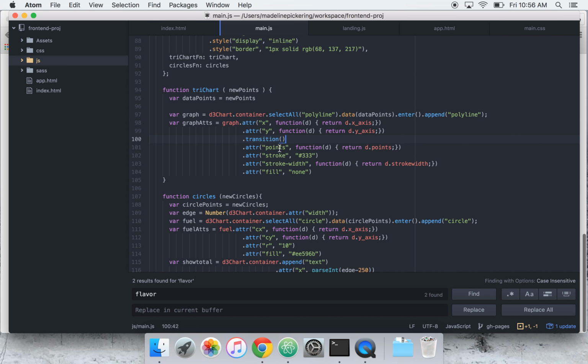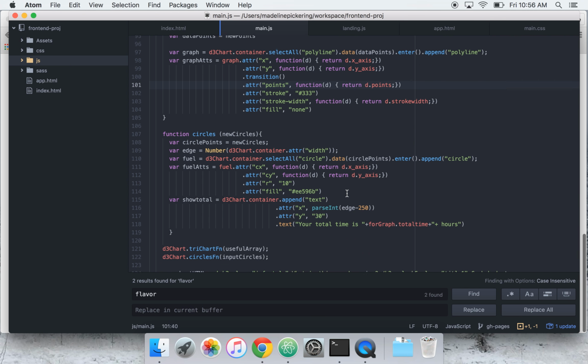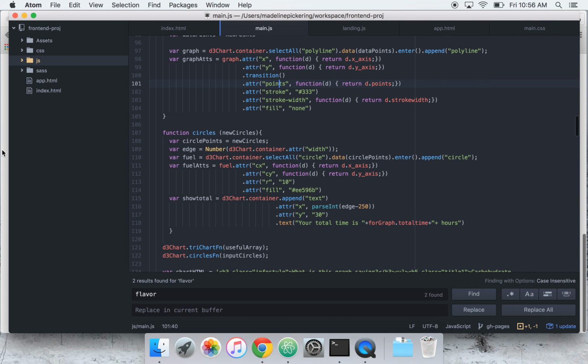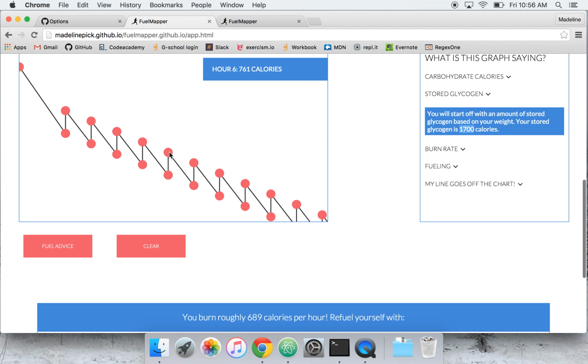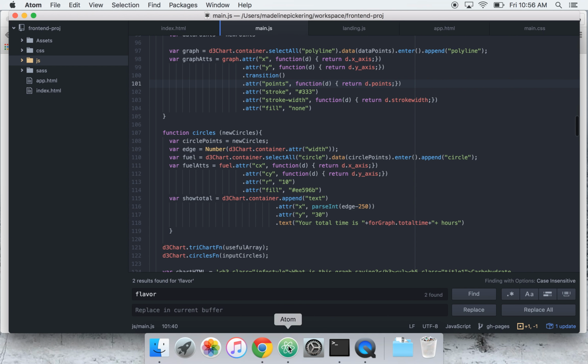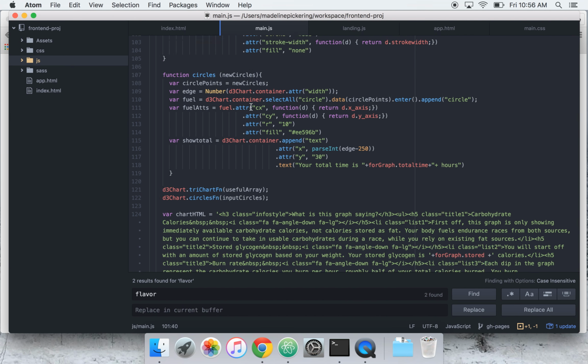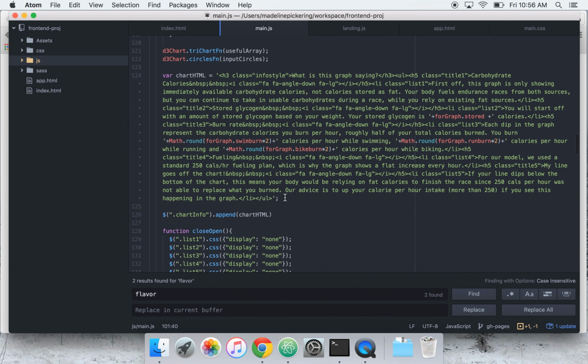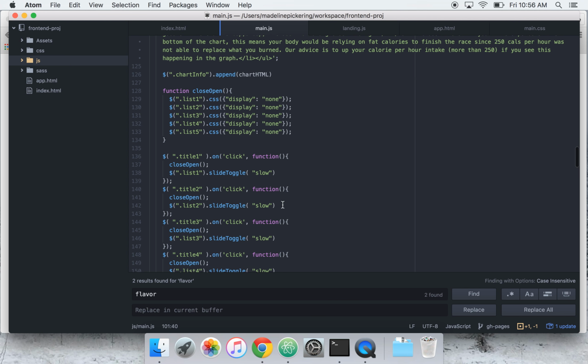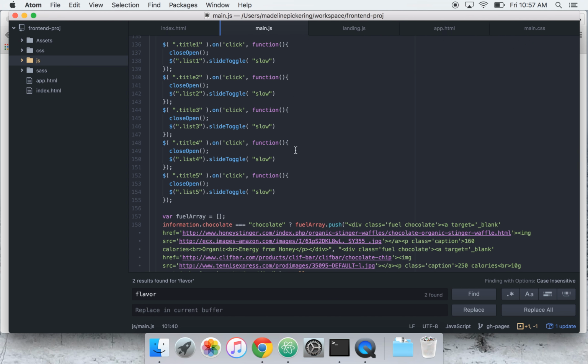So then when I change the attribute points, I just have a function of that data and it gets the points for me. And that's the same thing with the circles that are here that you can hover over, and the total time text. And then I'm calling those because I made those functions. And then I'm adding the chart here, making that toggle, side toggle.